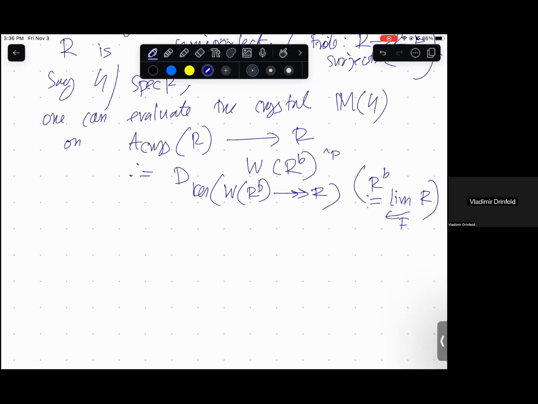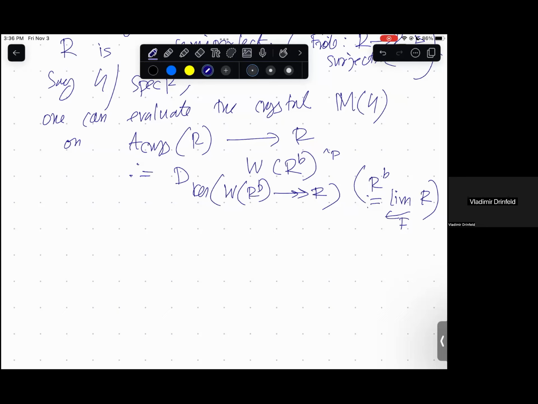If you think in terms of rings, then it has probably an initial object. Maybe these are pro-objects or ind-objects, but anyway, you have this feature which is rather unusual if you think about usual schemes.